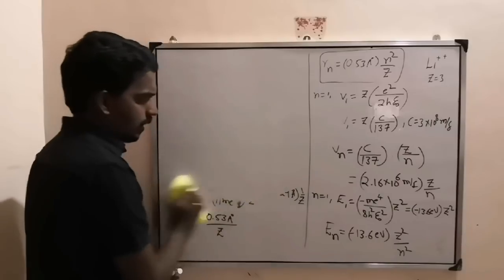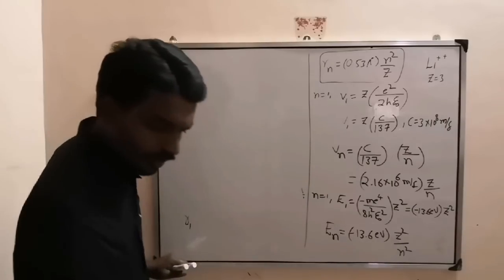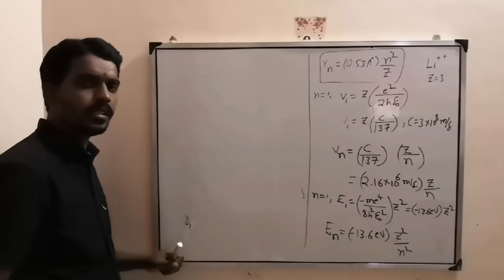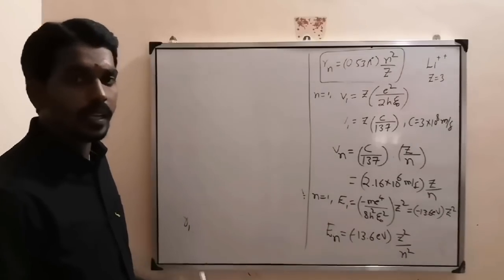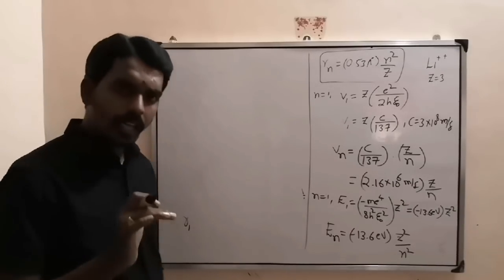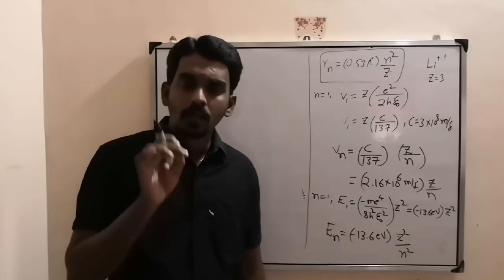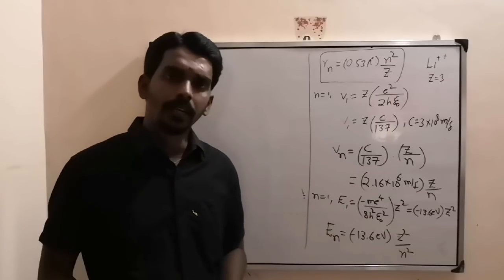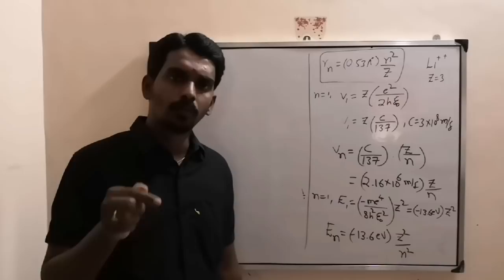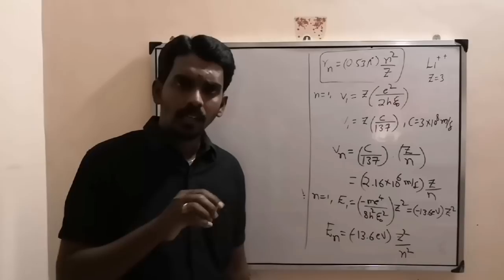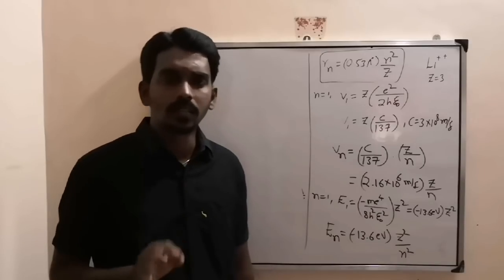For any atom, for any orbit, they can ask you one more thing, that is time period. Here the electron is performing uniform circular motion but on different paths. In different orbits it is moving with different speed, but in one particular orbit the speed of the electron is constant.